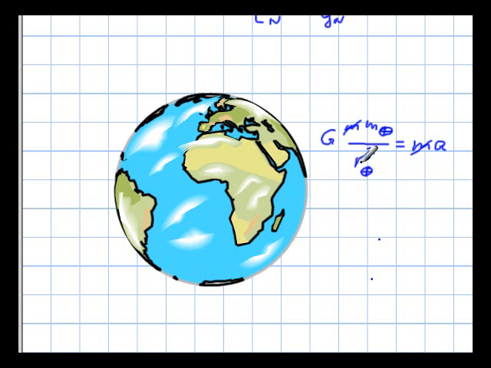Its fall is independent of its mass, and then when you plug in these numbers here for the gravitational constant and the mass of the Earth and the radius of the Earth, you come up with the acceleration due to gravity. So this one here then comes out to little g. And now if you're further away from the Earth's center, that radius of the Earth becomes larger, and therefore that g becomes smaller.